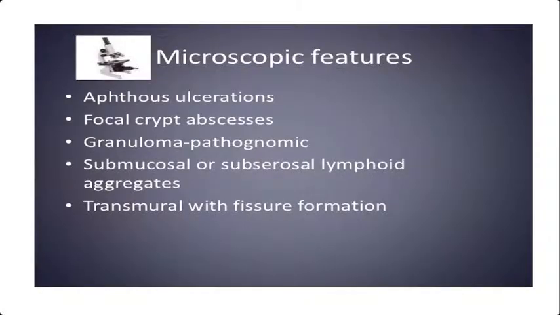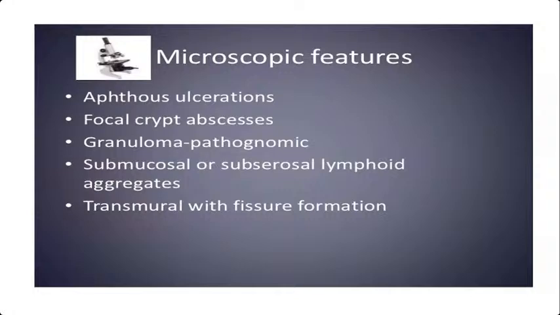So microscopic features of Crohn's disease, you have aphthous ulcerations, focal crypt abscesses, very similar to what you'd see in ulcerative colitis. Granulomas are often typical of Crohn's disease. In fact, it is one feature that differentiates Crohn's and ulcerative colitis.